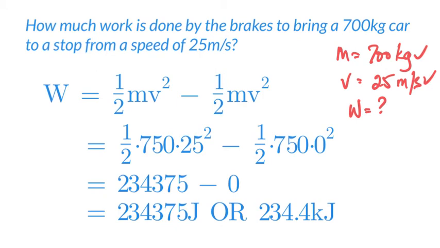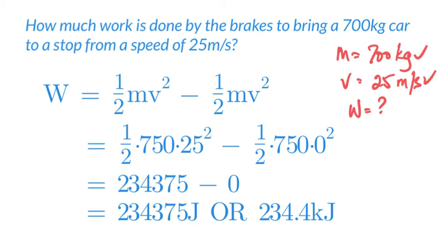So if it was moving at 25 metres per second, it had half times the mass, half times 750 times 25 squared, as how much kinetic energy it had. When it stops, it's a half times 750 times 0. 0 means it stopped, no kinetic energy, not moving.